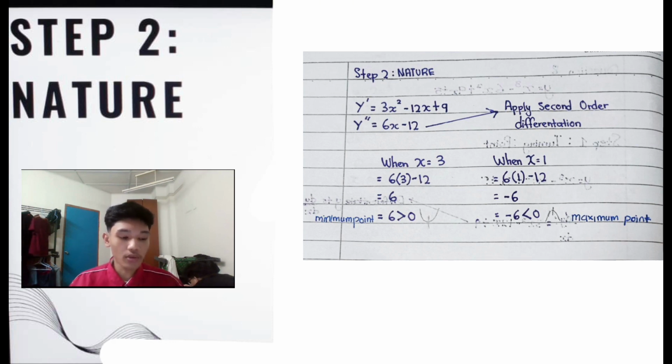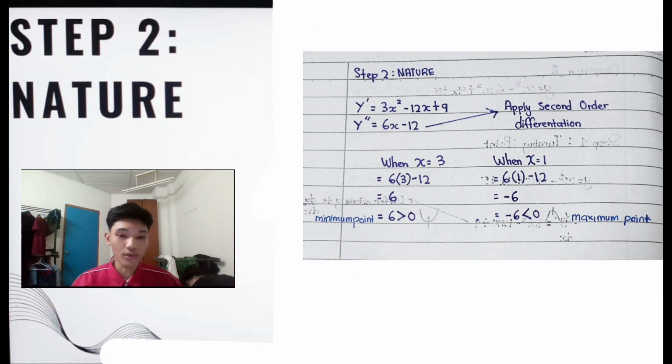When x equals 3, we replace x in the second order derivative. 6 multiplied by 3 minus 12, we get 6. When 6 is greater than 0, we get a minimum point, where the curve looks like a smiling mouth.